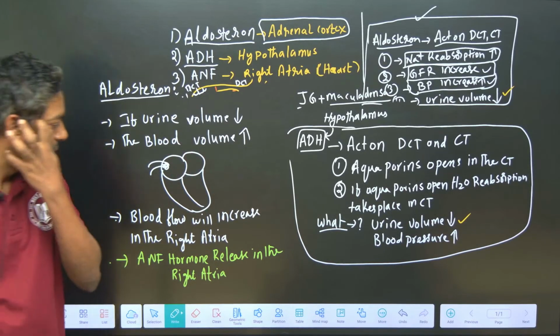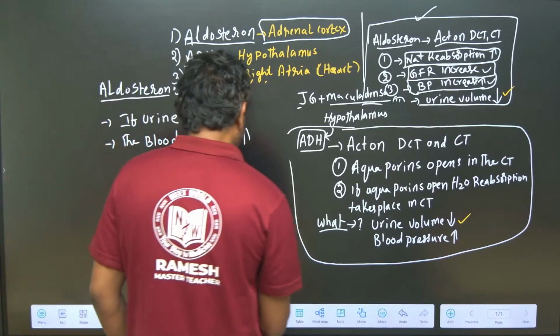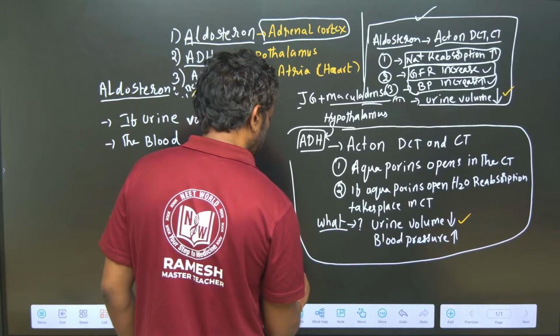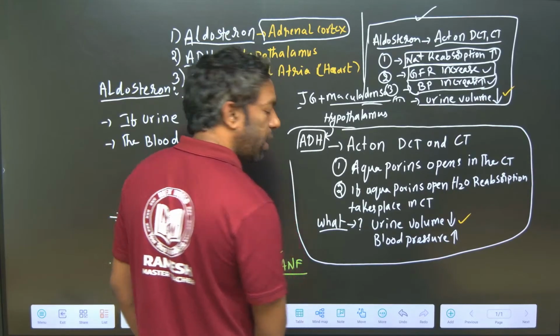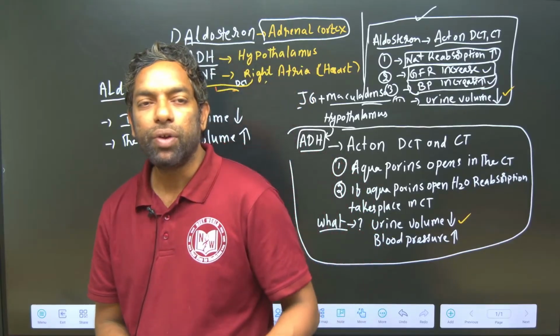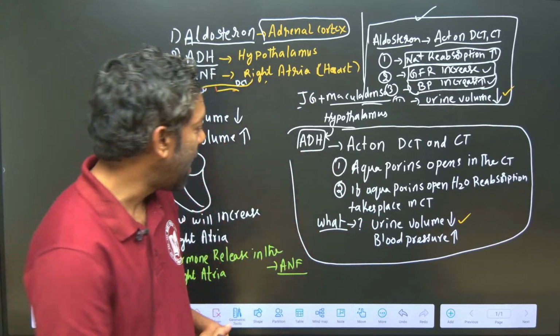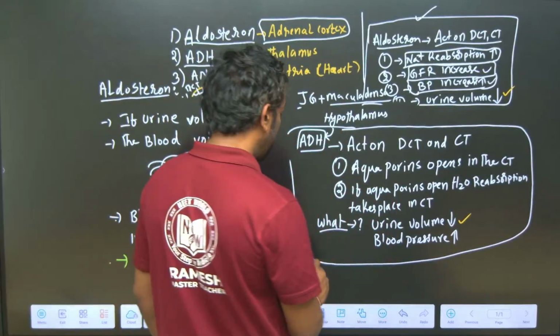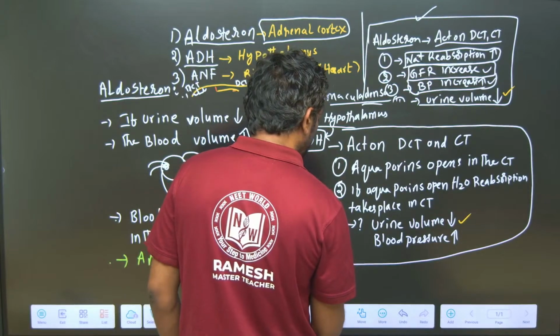ANF hormone is going to increase the GFR, and it can regulate the collecting duct and the DCT part, so urine will increase.